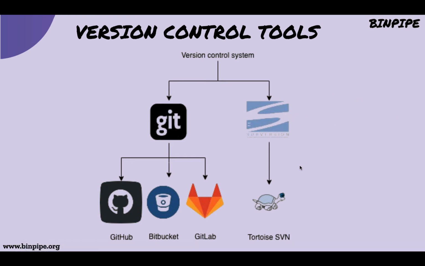Whenever any change is made, the others are not aware of it unless it is pushed to that central server. That's how it works in Subversion. The problem here is that if the Subversion server goes down, you are left with nothing, because you'll have your code there, but the system of versioning and everything will be wiped out.